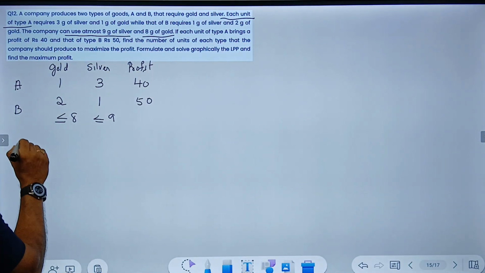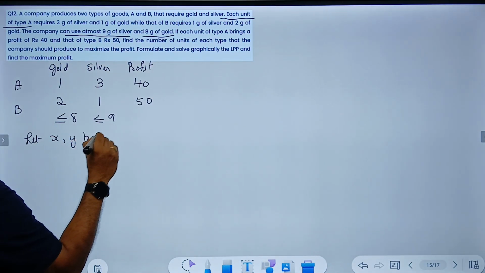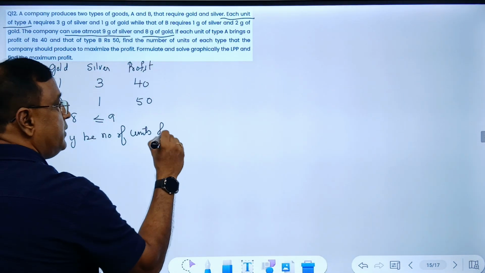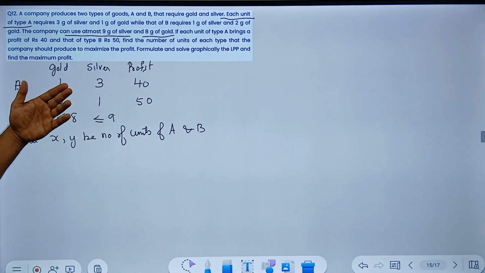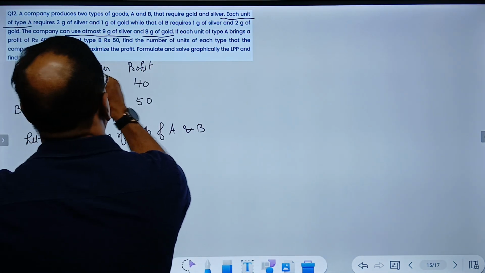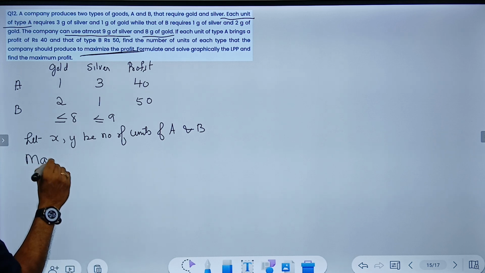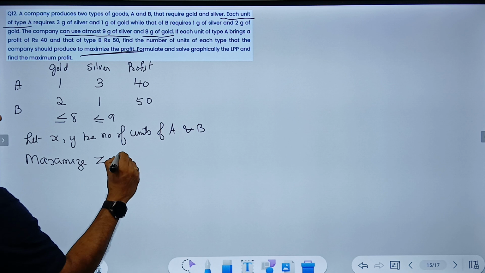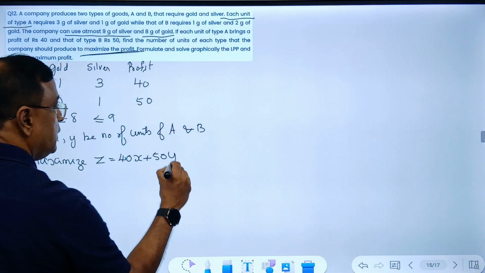So let x and y be the number of units of A and B. Now what is the question? The question is to maximize the profit. So maximize Z equal to 40x plus 50y.